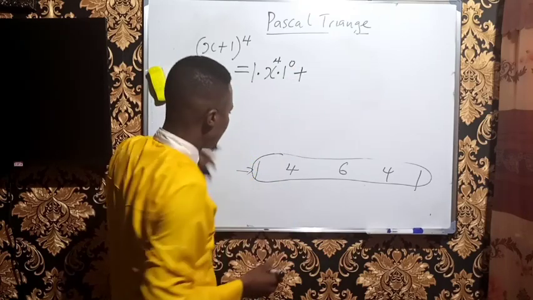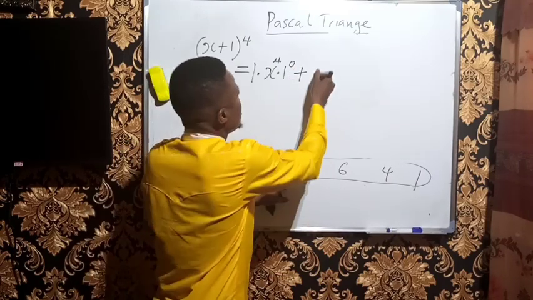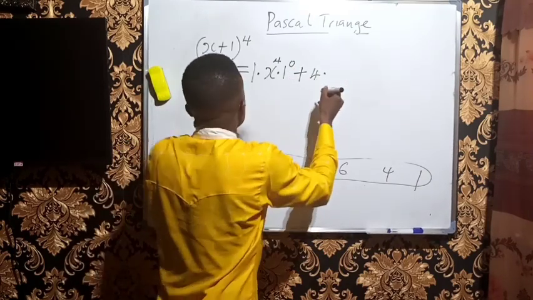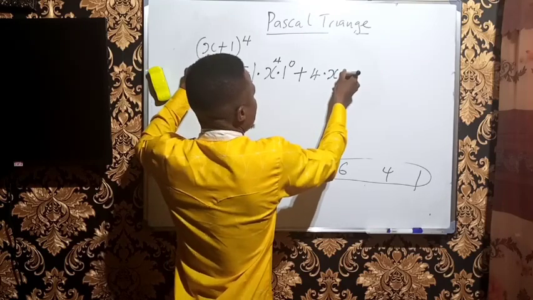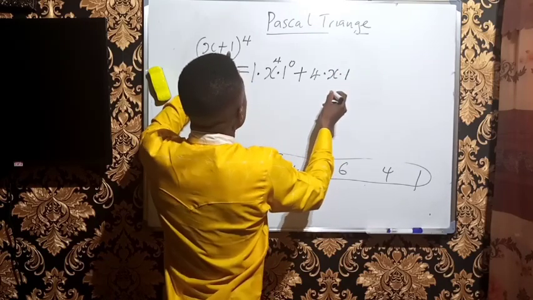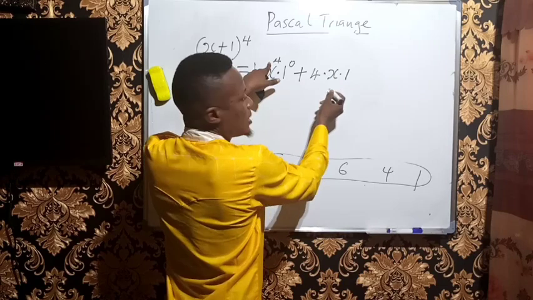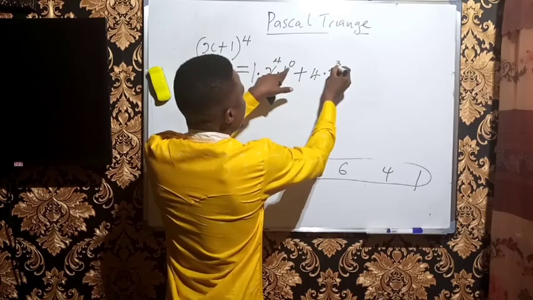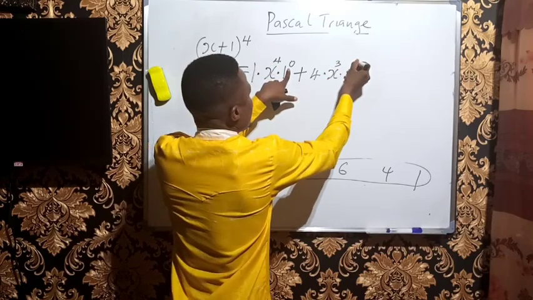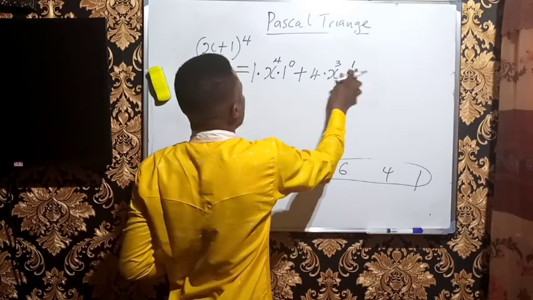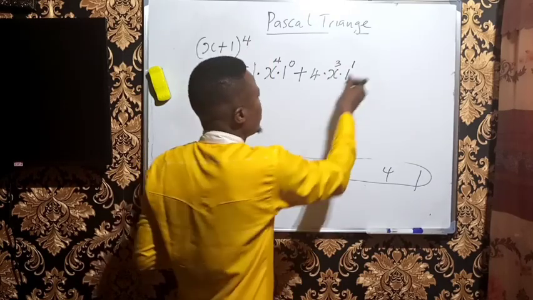Plus, the next coefficient is 4. So you have 4 multiplying x, multiplying 1. Now this 4 in x will reduce to 3. The 0 in 1 will increase to 1, such that 3 plus 1 will give us 4.